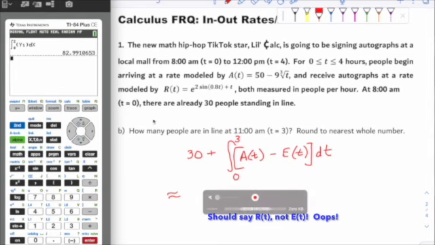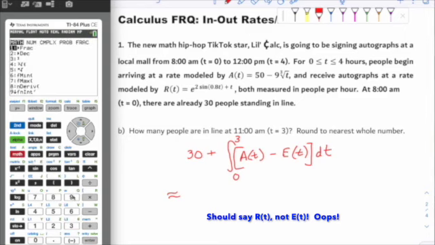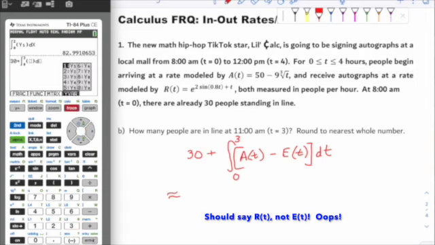So here we go. 30 plus math, 9 for function integrate, going 0 to 3. And alpha trace, that's my y1, minus alpha trace y2 with respect to x.